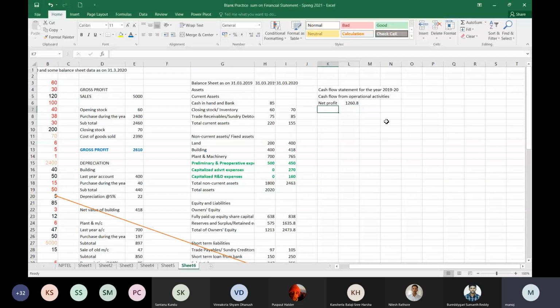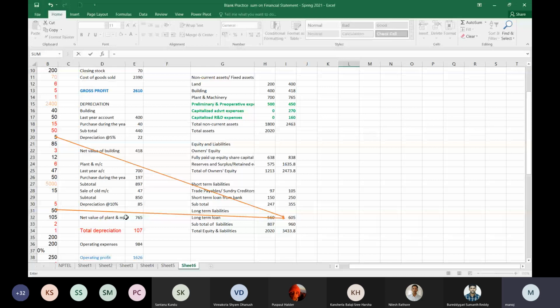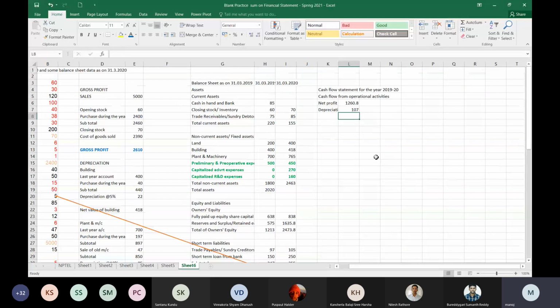Okay, one thing is done. Then we write depreciation and amortization. We write depreciation first. Amortization we keep separately. It is equal to whatever is the total depreciation, this. We have put it in red so you can identify nicely. Now we write amortization. So amortization, there are 3 entries.